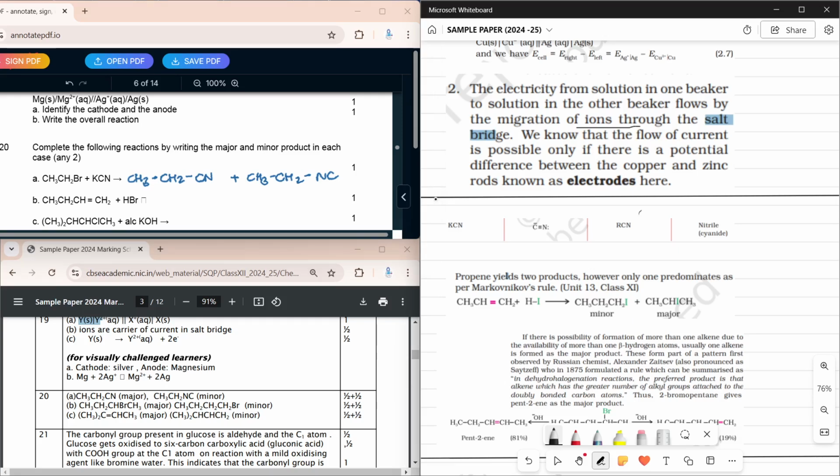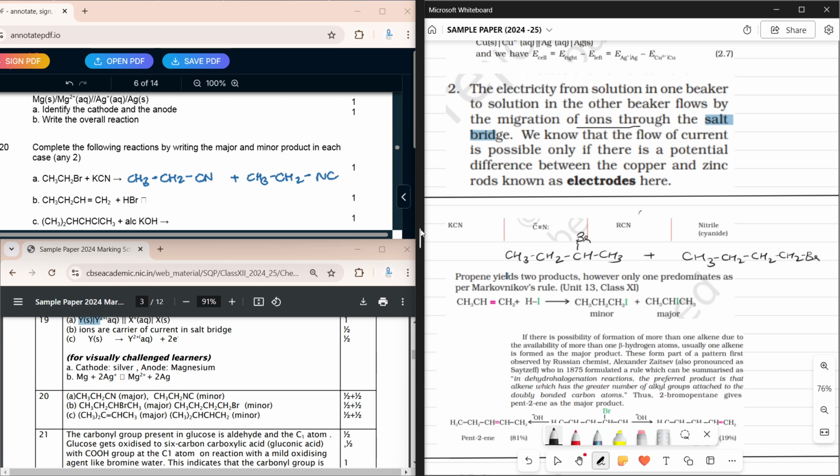The major product would be CH3CH2CHBrCH3, and the minor product is going to be CH3CH2CH2CH2Br, which is 1-bromobutane. The minor product has the halide attached to the carbon with more hydrogens. The major product has the halogen attached to the carbon which has fewer hydrogen atoms.